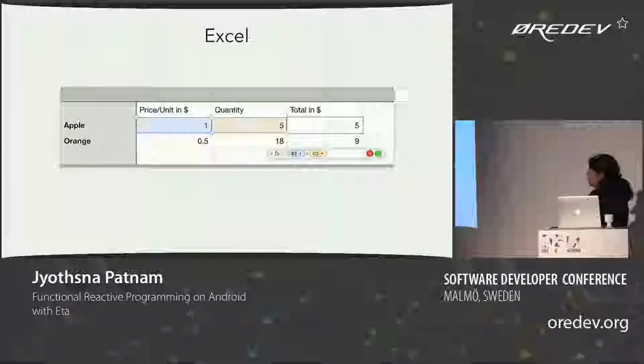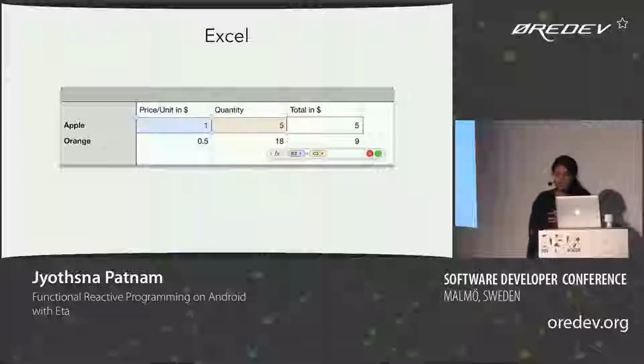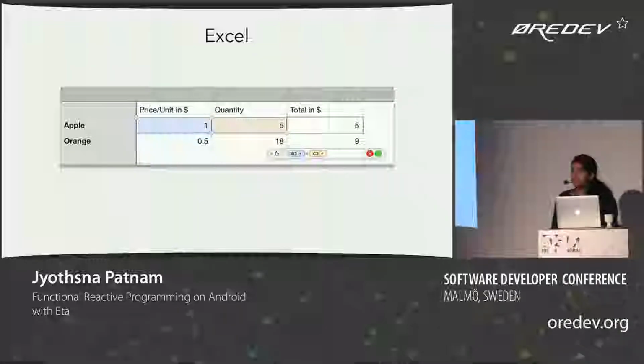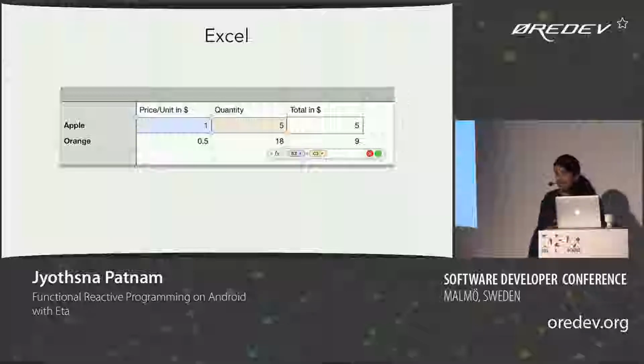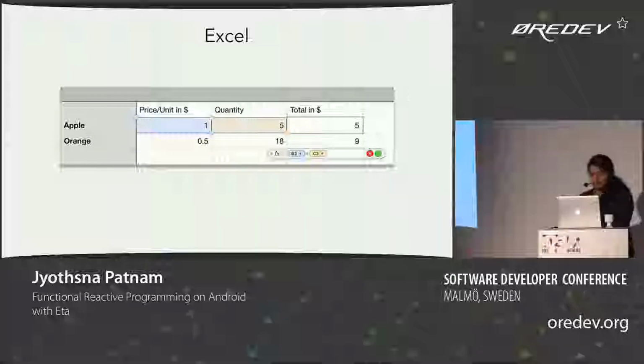Here is a simple example of how Excel looks. The first column gives you the price per unit in dollars, and the second column gives you the quantity of the item you bought. The third column gives you the total of the items, and this is computed by a formula or a function that multiplies the first 2 columns.